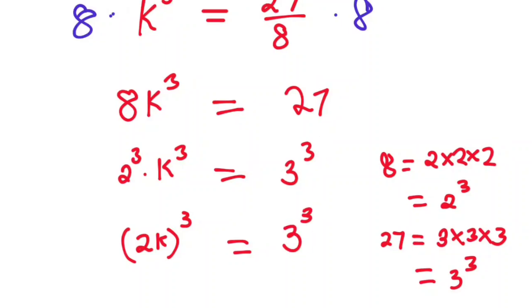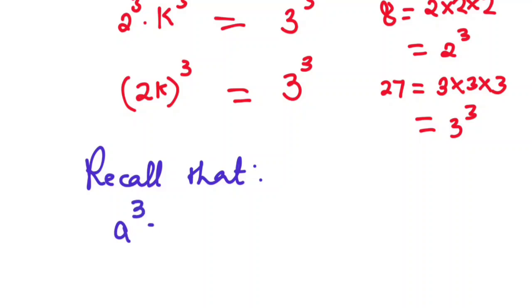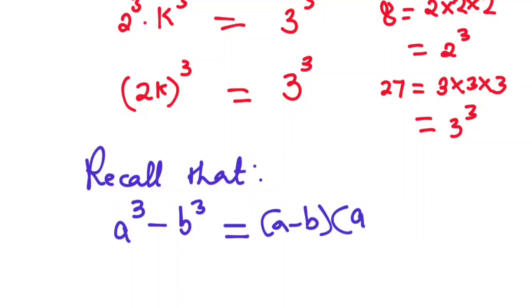Alright. So moving on, the next thing we're going to do here is that you should recall that a to the power of 3 minus b to the power of 3 is equal to a minus b, into a squared plus ab plus b squared.